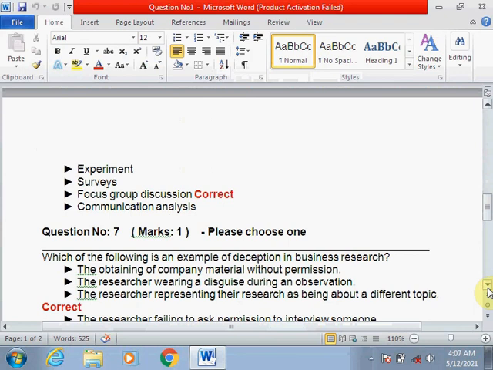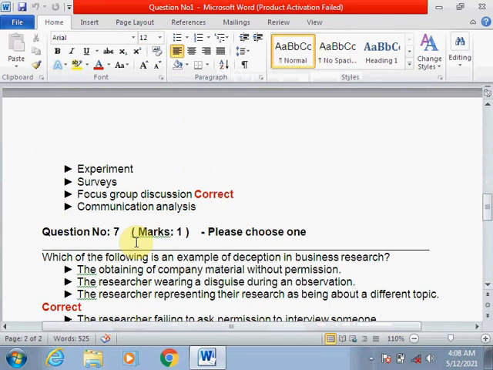First option is experiment, second option is surveys, third option is focus group discussion, fourth option communication analysis. The correct option of this question is third option.